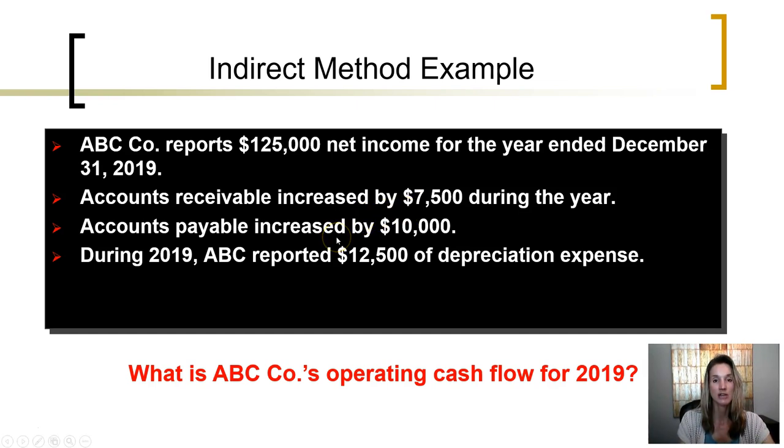They had one current liability account, accounts payable, which increased $10,000 during the year. And during the year, ABC reported $12,500 of depreciation expense within its income statement. We are going to calculate ABC's operating cash flow for the year 2019.